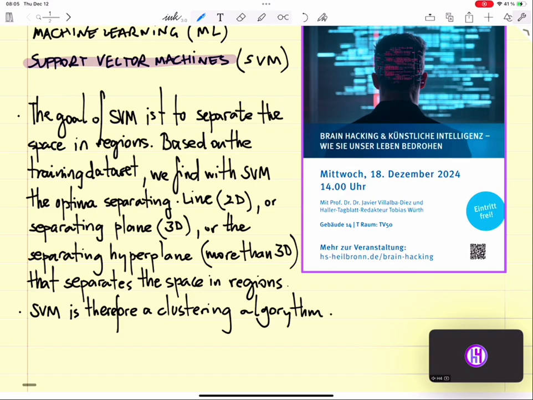We have seen a clustering algorithm like k-means cluster that clusters the points but not the space.